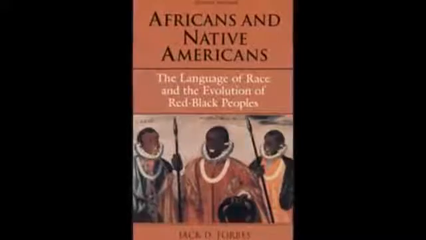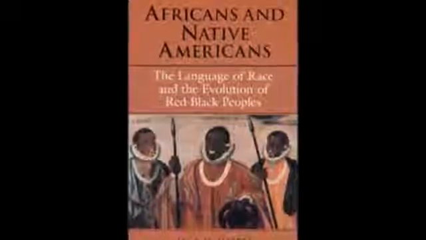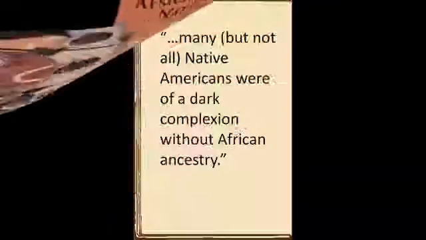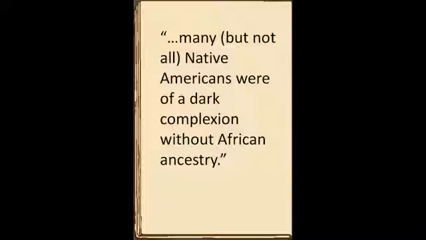Case in point, most people believe that the existence of dark-skinned people in the United States began with the African slave trade. The truth is, as writer Jack Forbes expresses in his book Africans and Native Americans, many, but not all, Native Americans were of a dark complexion without African ancestry. Truth be told, it was the Native American slave trade that placed many dark-skinned Native Americans into slavery.